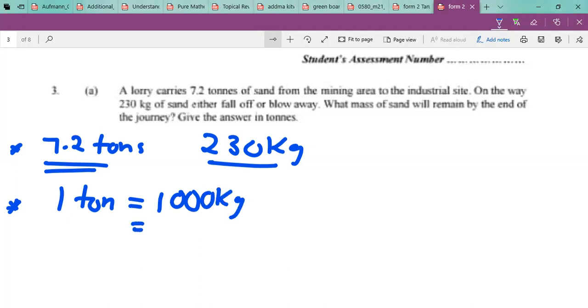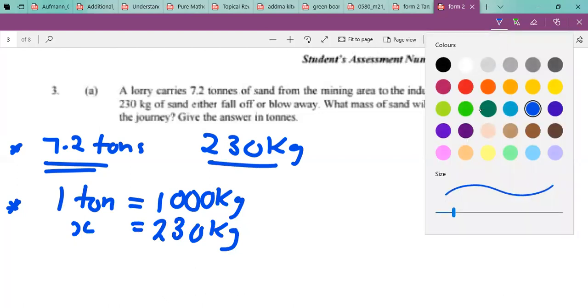Now, if I've got 230 kgs, what is that in terms of tons? So that I know how many tons were swept away. I'll say 230 kgs. This should produce the number of tons we're looking for. So the kgs are going to cancel because we are dealing with ratios now.